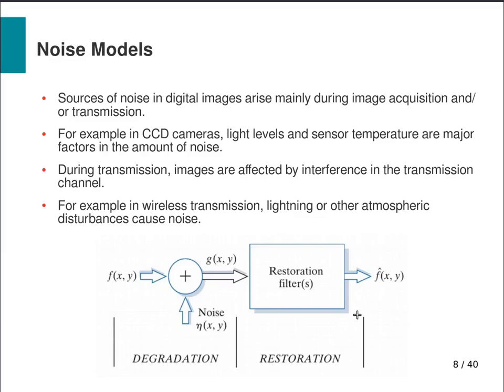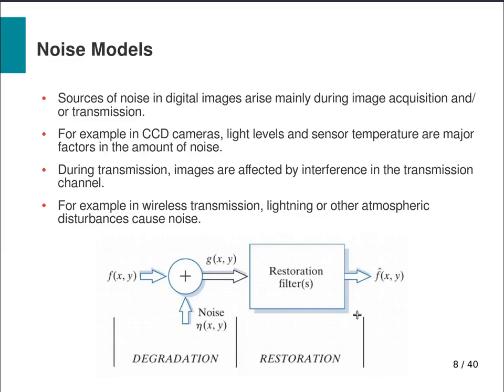You have seen examples of these before too. For example, if you're using your phone camera to capture an image in low light, you realize that the amount of noise in the image is much higher, as opposed to if you wanted to capture the same scene in a much brighter environment.